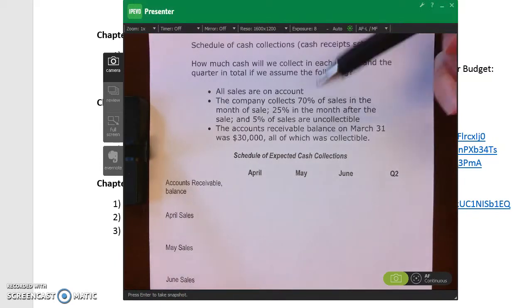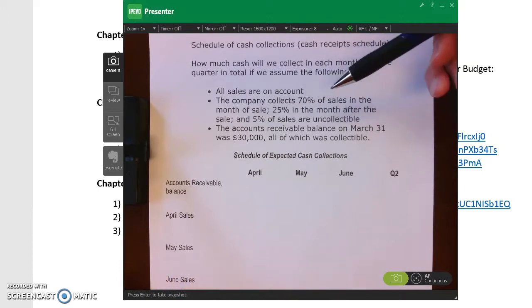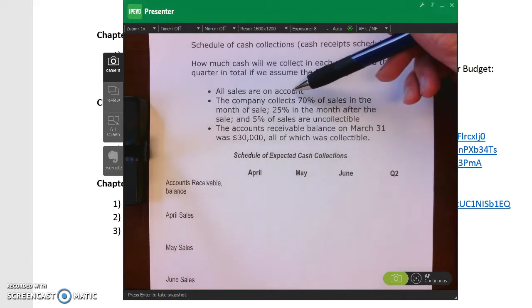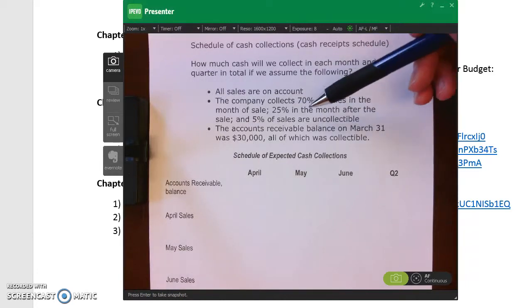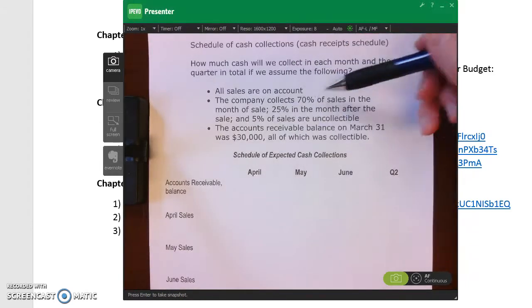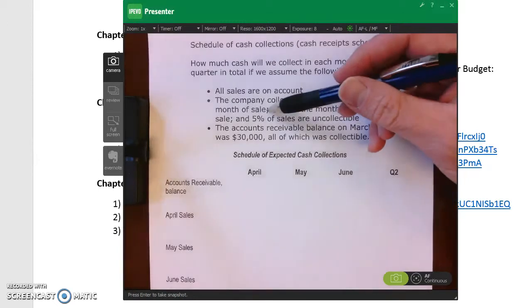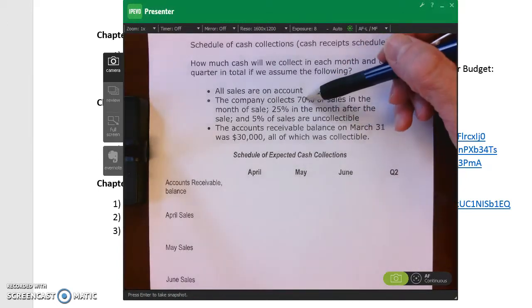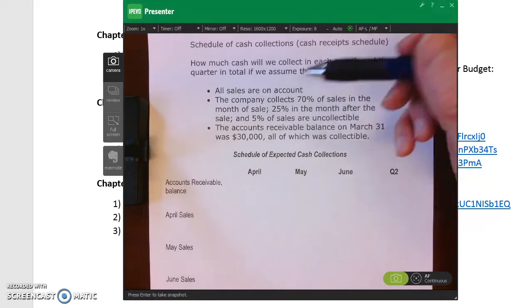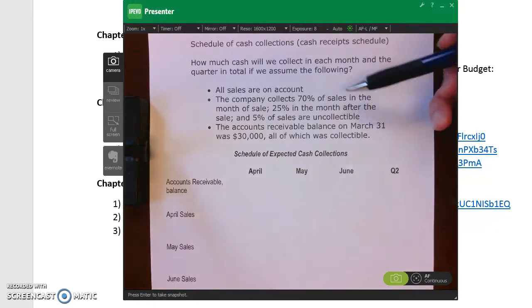We make all sales on account. So what that means is each time we make a sale, rather than debiting cash, we will debit accounts receivable, credit sales. The company collects 70% of sales in the month of the sale. So that means they would collect 70% of June sales in June. They collect 25% in the month after the sale.